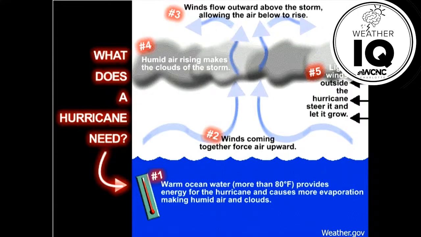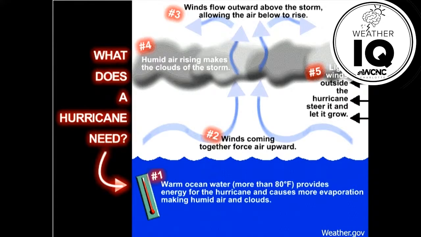So let's go to number two. Number two, winds coming together force the air upward, right? So it causes that air to rise. Number three, winds flow outward above the storm, allowing the air below to rise. So here's the thing with number three. Typically, in the structure of a strong hurricane, you have high pressure aloft.